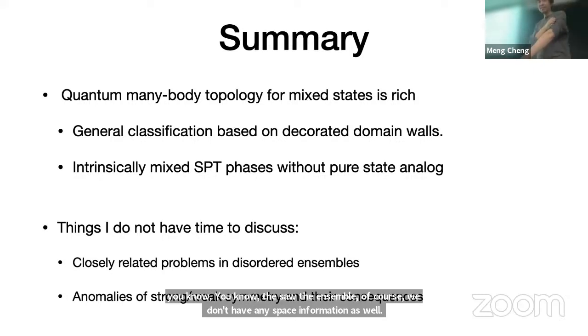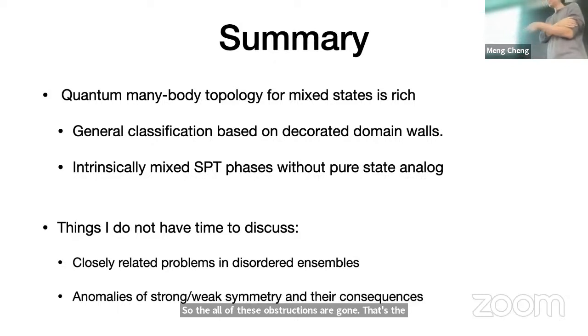But there's another interesting feature that's possible in a disorder ensemble but not in a mixed state: we can have an Anderson insulator. This 1 plus x state we consider non-invertible for mixed states for various reasons. But an Anderson insulator we consider as a short-range entangled disorder ensemble. That changes the classification even more dramatically.